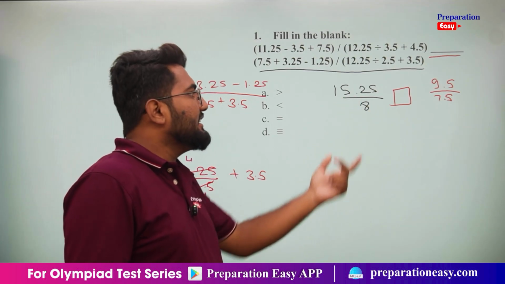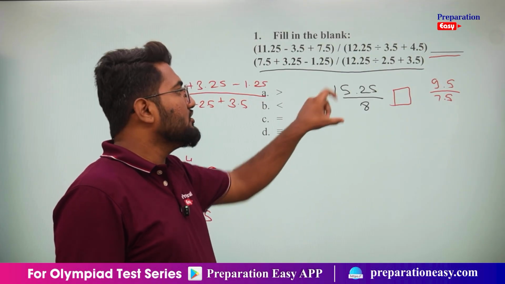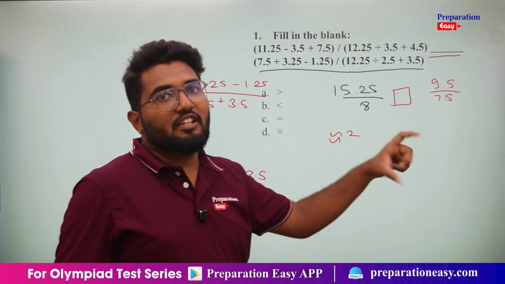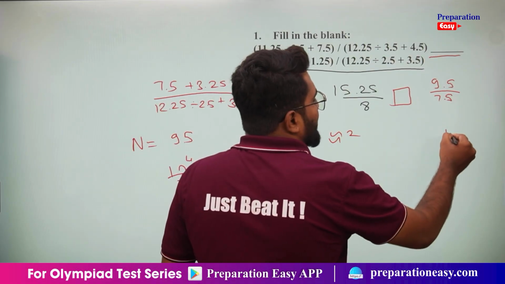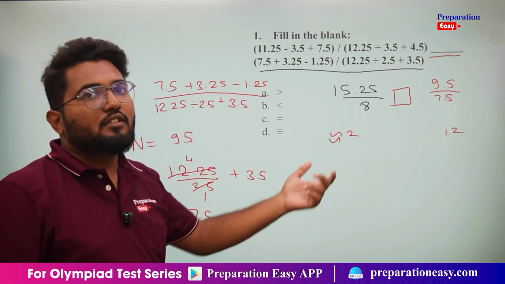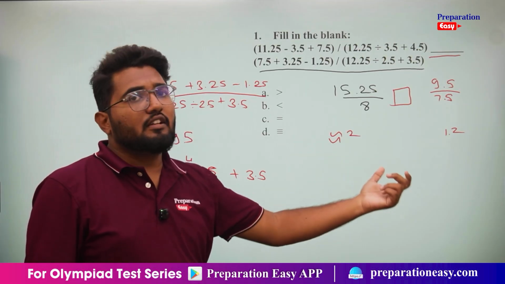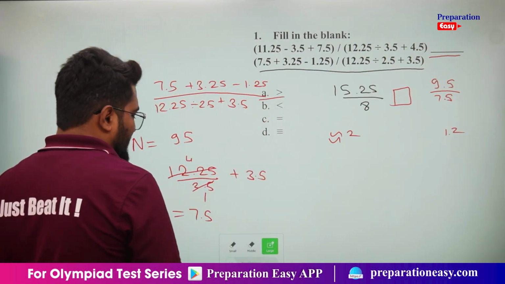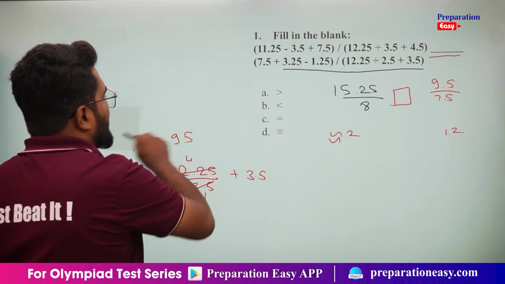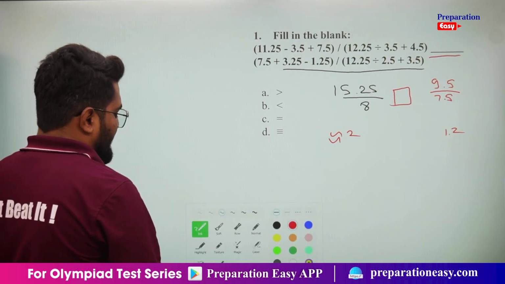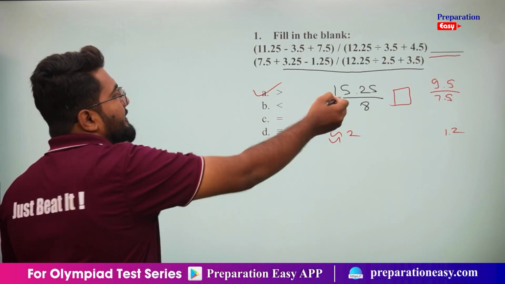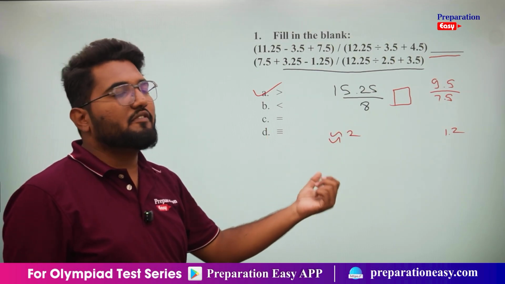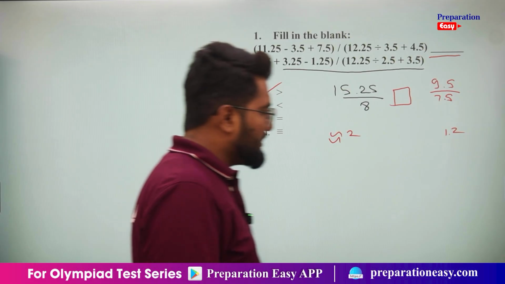We can directly say that 8 ones are 8, 8 twos are 16, so it is almost equal to 2, and the other is almost equal to 1.2. Which is greater? 2 is obviously greater than 1.2. So the correct answer is option A, 15.25 divided by 8 is greater than 9.5 divided by 7.5. Okay, let's move towards the next question.